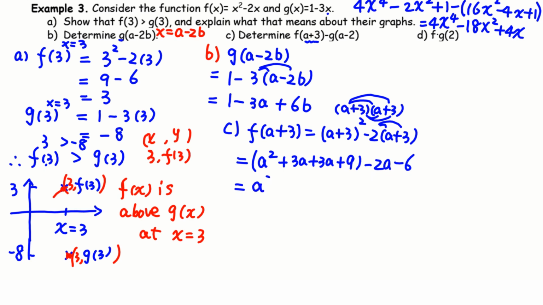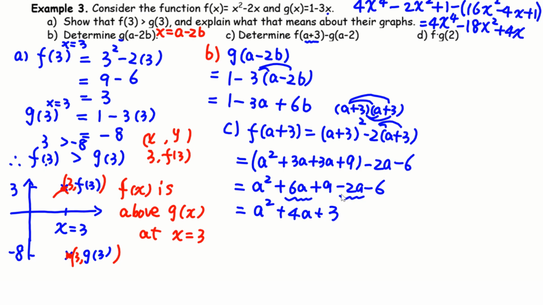a squared, 3a plus 3a is 6a, plus 9, take away 2a, take away 6. Then collect the like terms. a squared, 6a minus 2a, same variable, same degree, they are like terms. We have plus 4a. Then 9 minus 6 is plus 3.